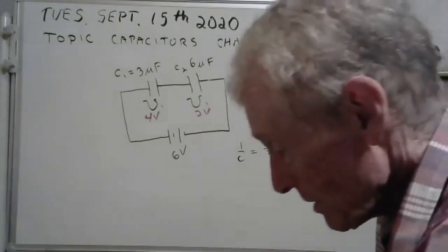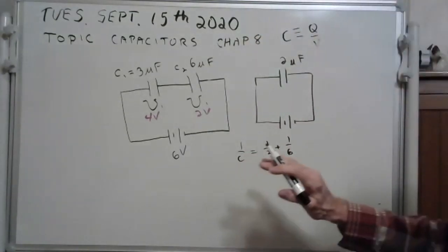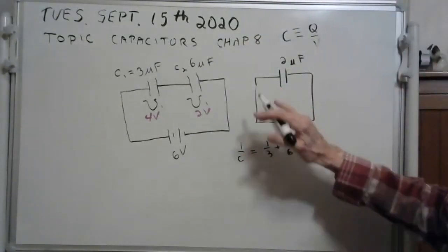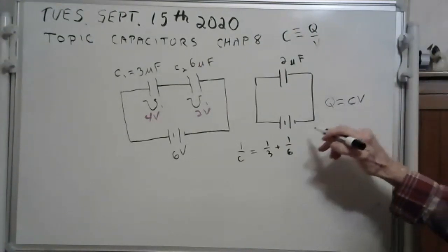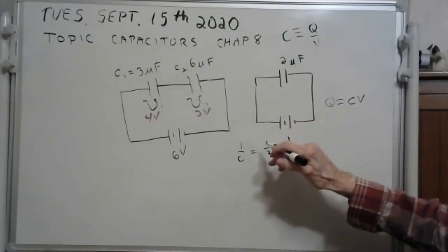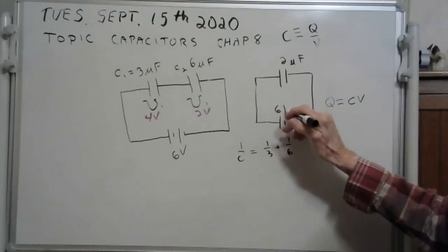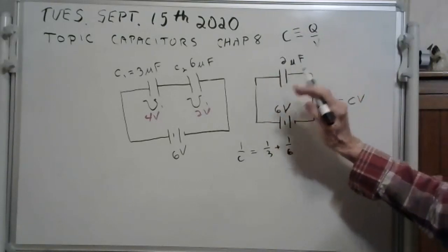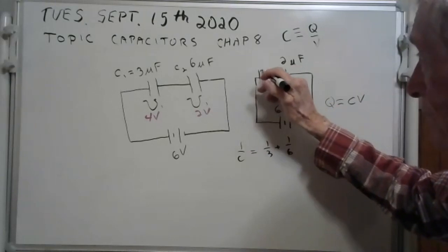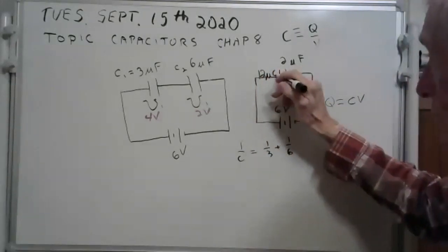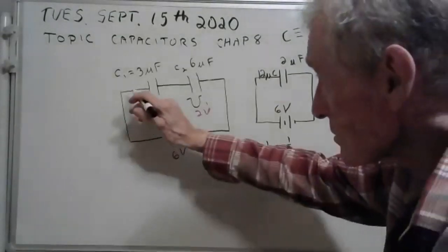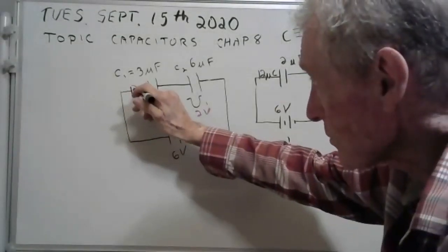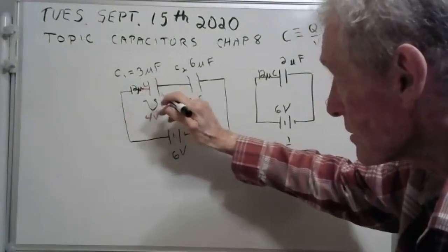And so the charge on here will be Q equals CV. If this is 6 volts, and that's 2 microfarads, then you're going to get 12 microcoulombs on there.